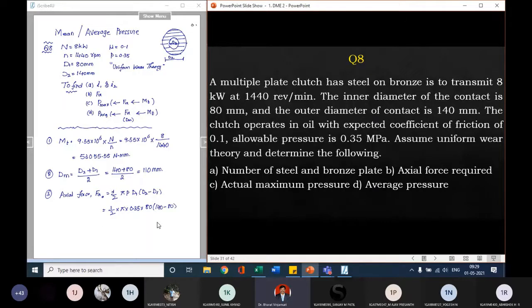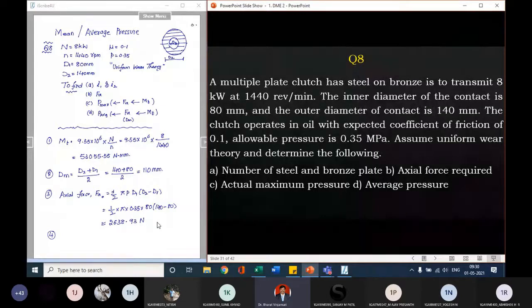How much? 2638.93. So you got the axial force.